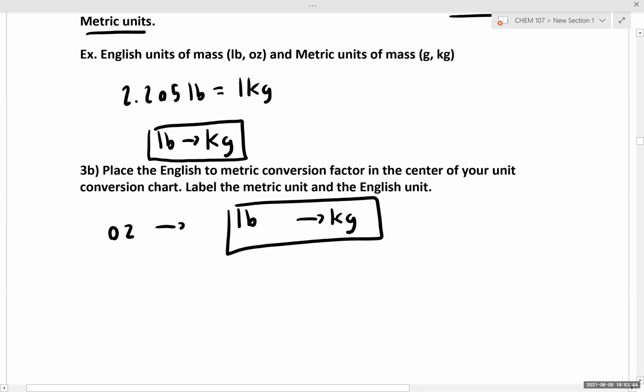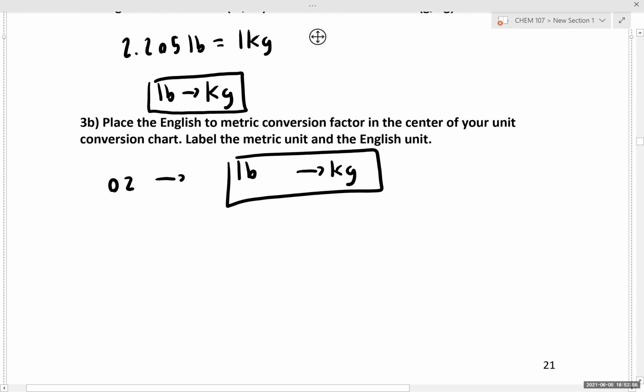So we have our English and metric unit, and we have a conversion factor that gets us from the English to metric system.